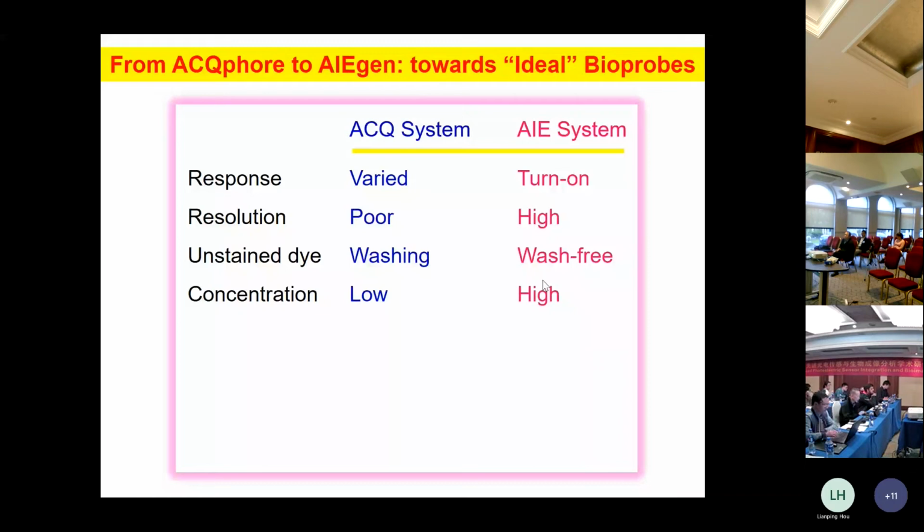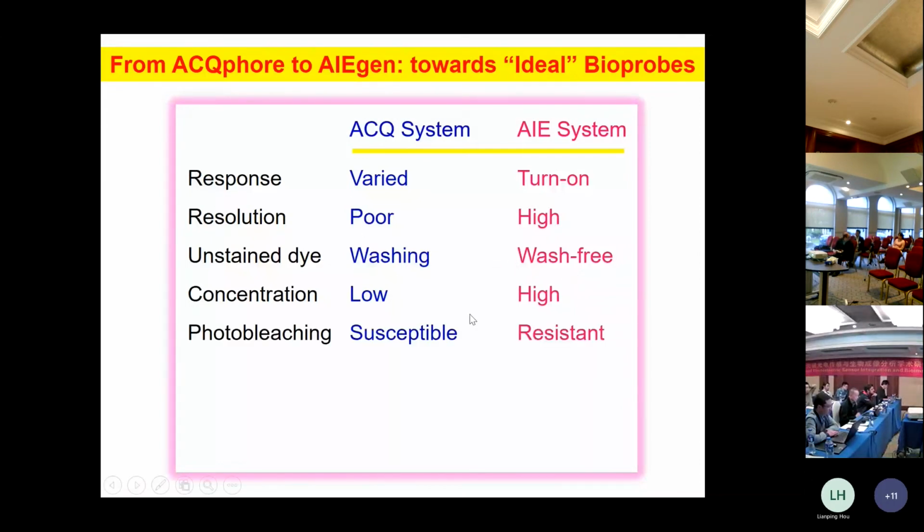Secondly, when you have too many AIEgens inside the cancer cell, it will interfere with the metabolism process of the cancer cell, so that itself can kill the cancer cell. In addition, when you do the imaging, sometimes you can generate ROS, the reactive oxygen species, that will activate the photodynamic therapy process to kill the cancer cells. So this synergistic effect makes our AIEgen very suitable for diagnostic applications.